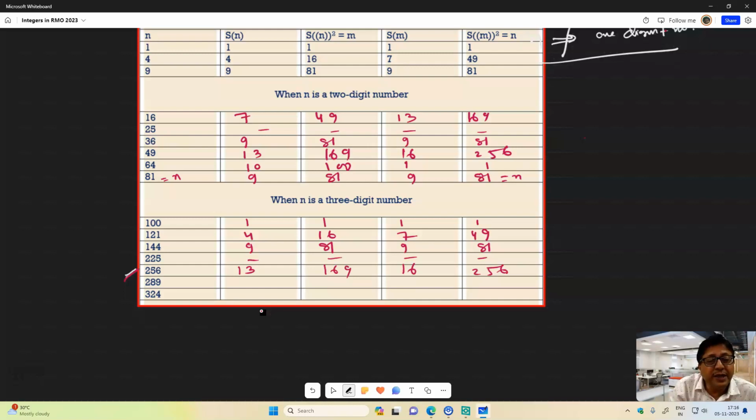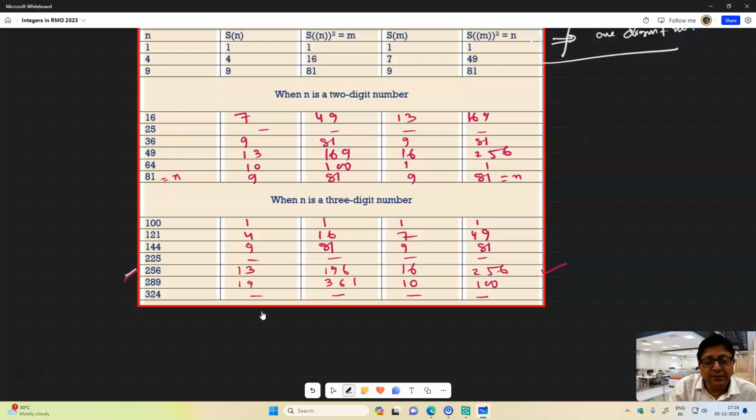If it is 289, the sum is 19, and then its square is, oh my god, this is not 169, this will be 196. And this is what? 361. This is 10, 100. Not possible. Here it is 9, so this row will be repeated. So this is the only solution.